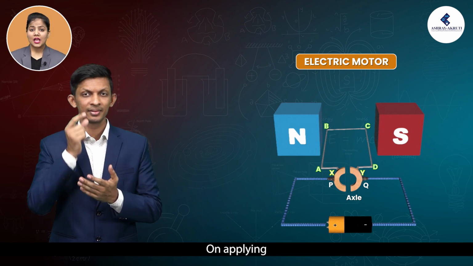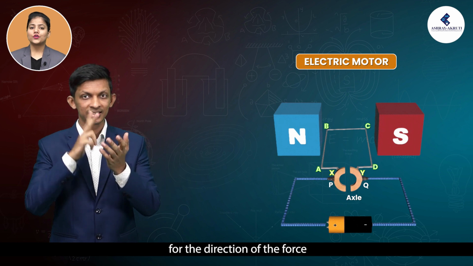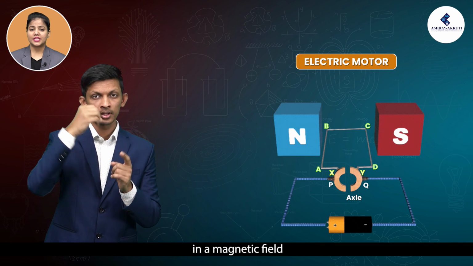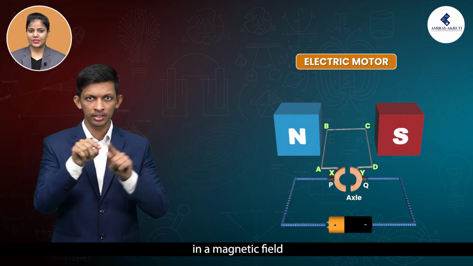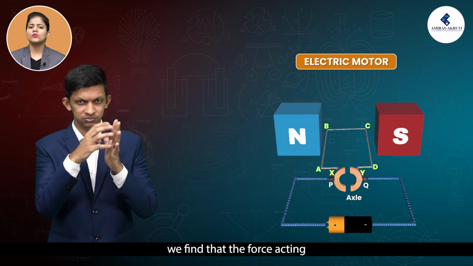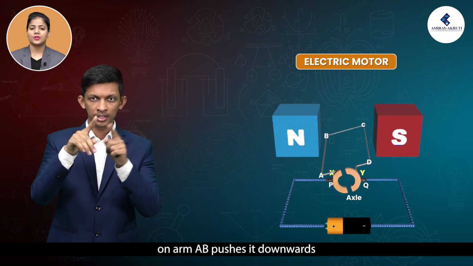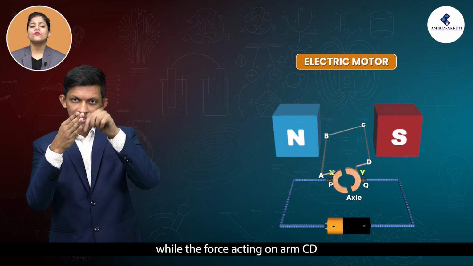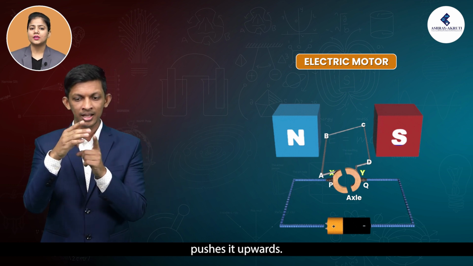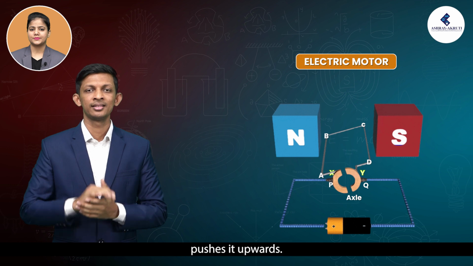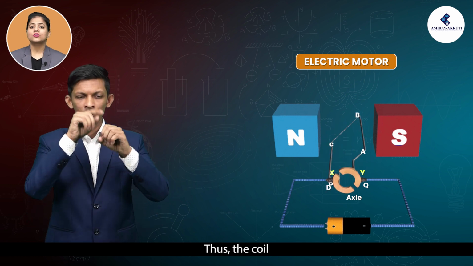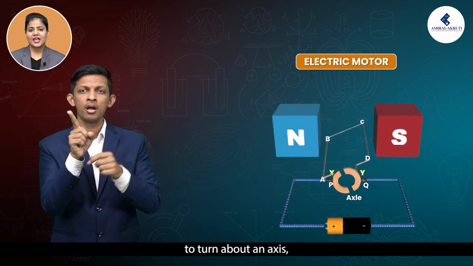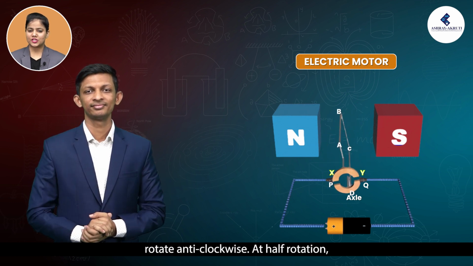On applying Fleming's left hand rule for the direction of the force on a current carrying conductor in a magnetic field, we find that the force acting on arm AB pushes it downwards while the force acting on arm CD pushes it upwards. Thus, the coil and the axle O, mounted free to turn about an axis, rotate anticlockwise.